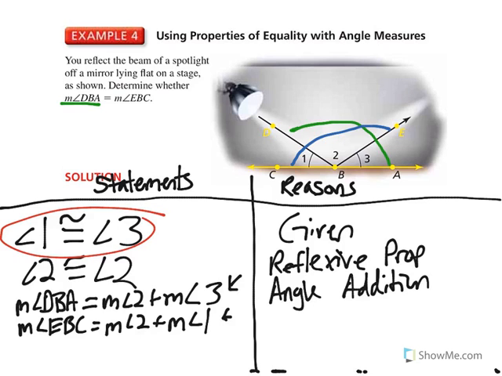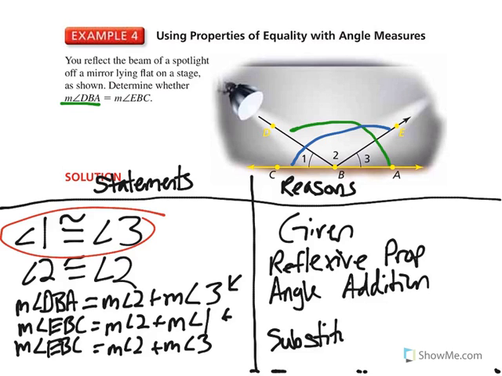That was given to us, so that means their measures are the same. So I can write that the measure of EBC is equal to the measure of angle 2 plus the measure of angle 3. And so that would be substitution property.